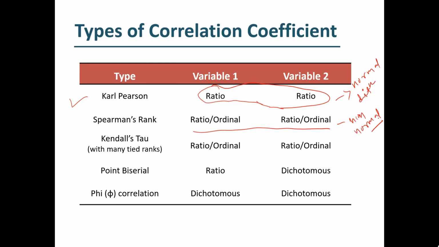If both variables are either ratio or ordinal, so if they are ratio, they are quantitative but non-normal data, or ordinal data, we use Spearman's rank correlation. Spearman's rank correlation coefficient is a non-parametric test. I think you have the sessions on non-parametric tests tomorrow, so I'm not going to focus on it. Karl Pearson is a parametric test, because you need quantitative data and your quantitative variables must be normally distributed.